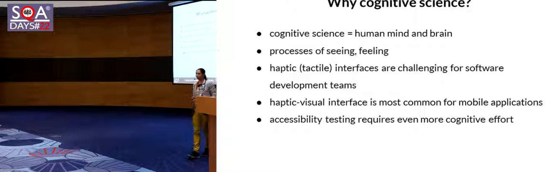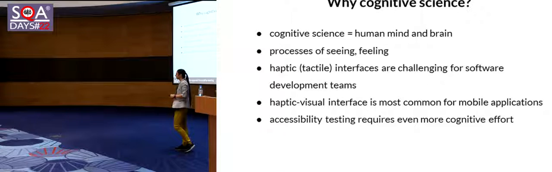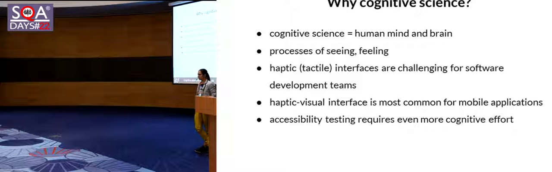So if you know how the human organism sees, perceives, and how it feels the interface, then you can better test the software implemented by humans for humans. Most devices have haptic, in other words, tactile interfaces. And it's also a very specific thing, because you have so many possibilities here that it's really hard to cover without having this human approach in mind.